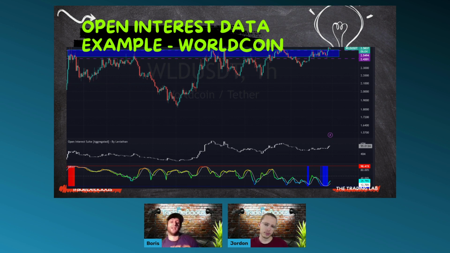On the left side, this indicates very high volatility. When volatility gets to a very high percentile, that means whatever move we had is over and things are about to consolidate. So I saw an increase in open interest and a record low volatility on this time frame. Things looked good for a continued move upwards for WorldCoin, and that's what ended up happening.